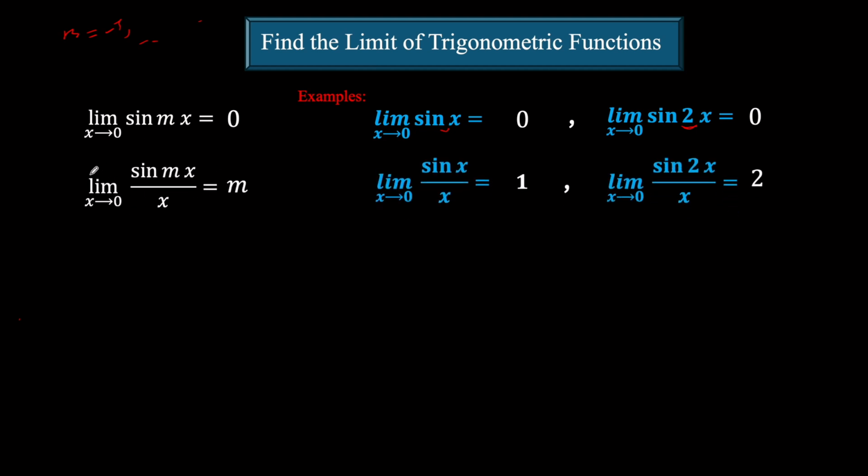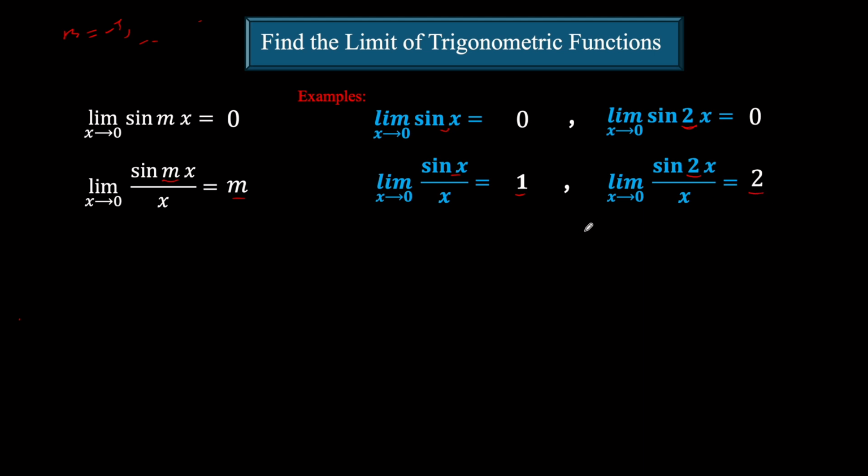The second rule is limit as x approaches 0 of sine mx over x, which is equal to m. Let's see this example. Sine of x over x is equal to 1. Sine 2x over x is equal to 2. So we always look at this m. Here you have 1 and here is 1.